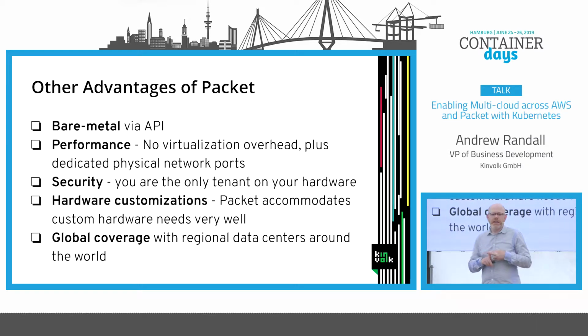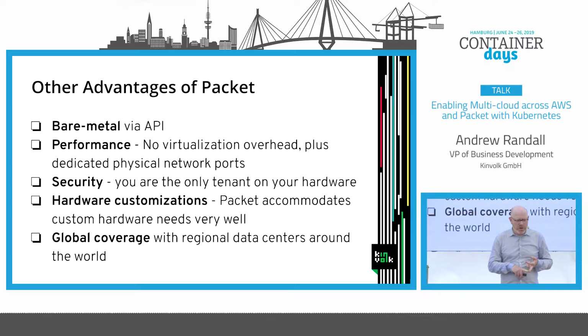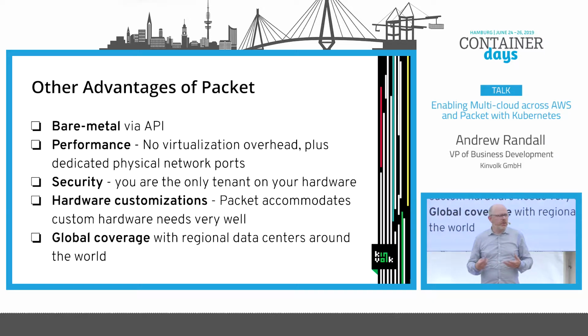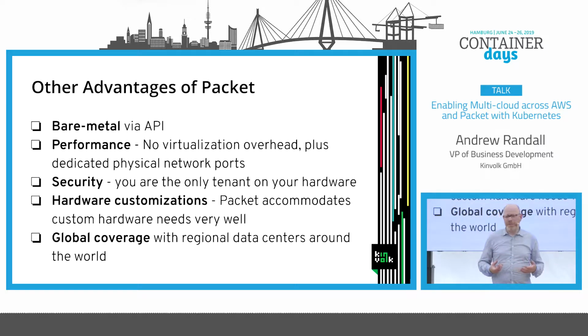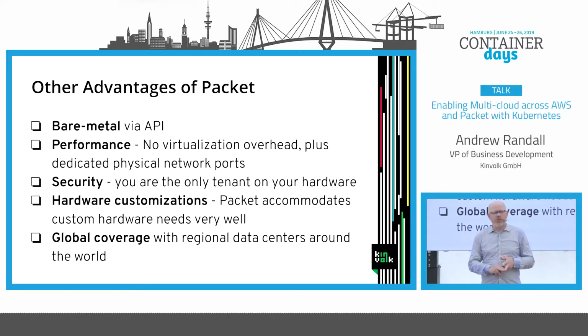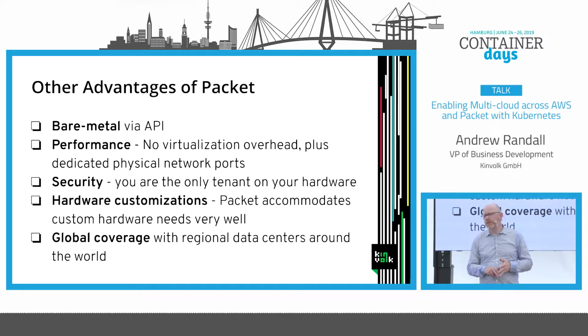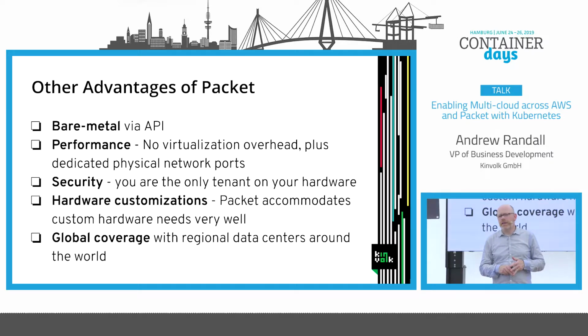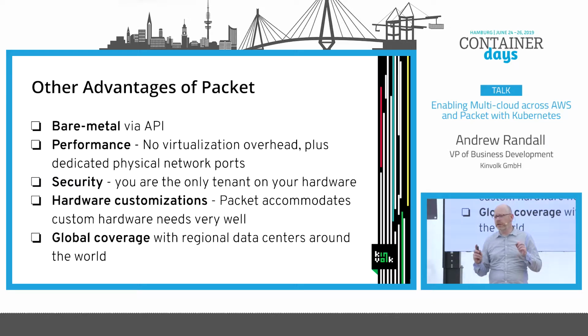Some other things that they did like about Packet, one was you get access to the bare metal, so there's all sorts of optimizations and hardware customizations you can do on bare metal that you can get via an API. From a performance perspective, obviously there are advantages in that. But also for some folks, from a security perspective, they like the fact that the physical machine they're running on, they know there are no other tenants running on that piece of hardware.